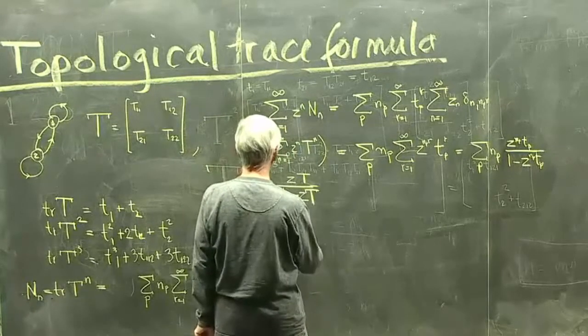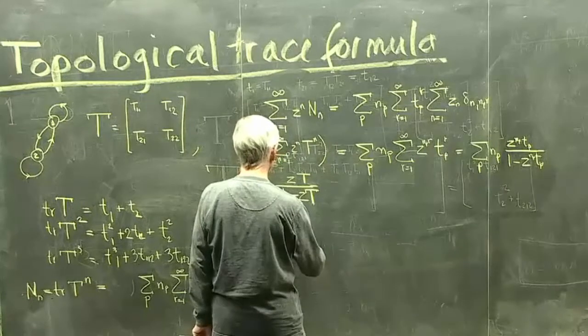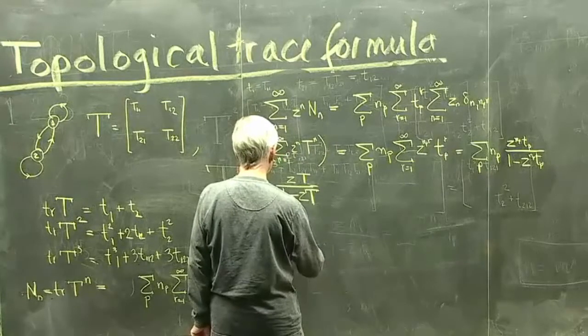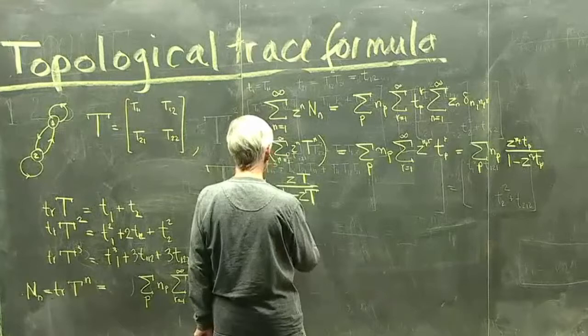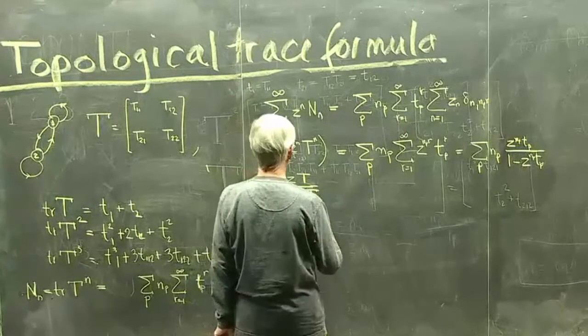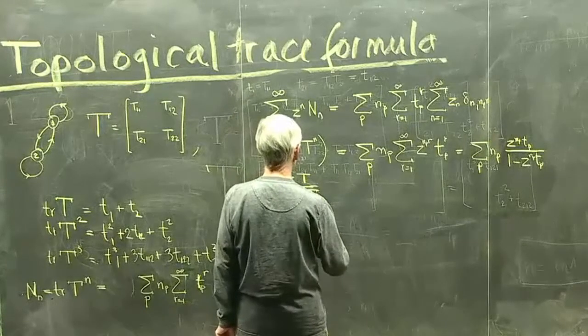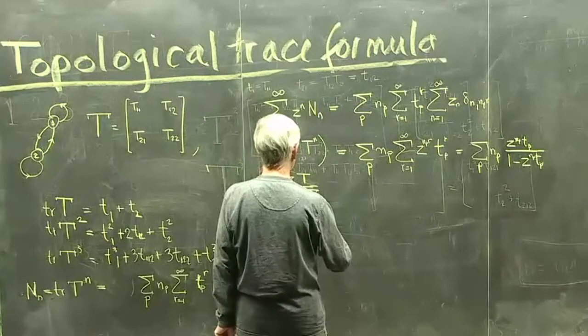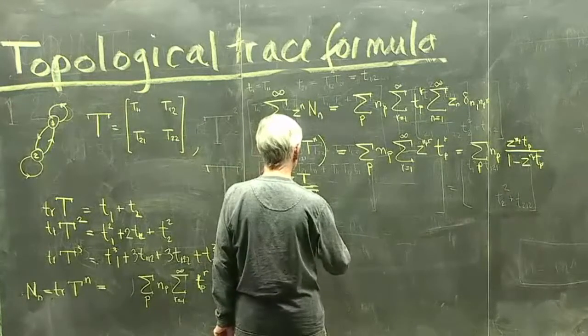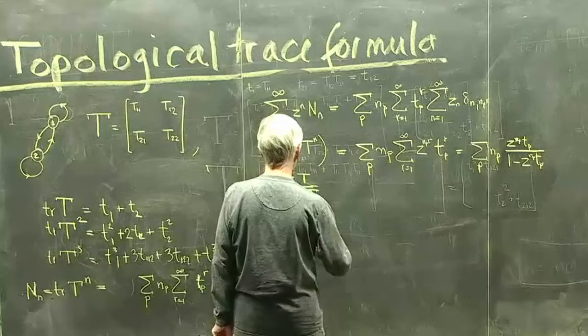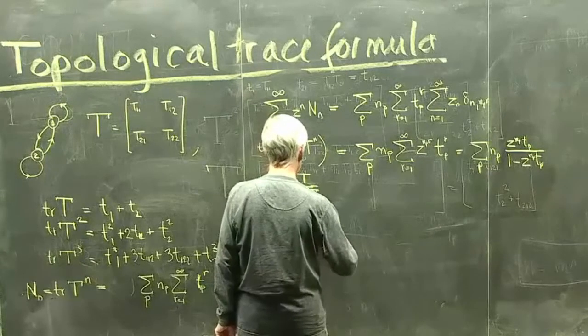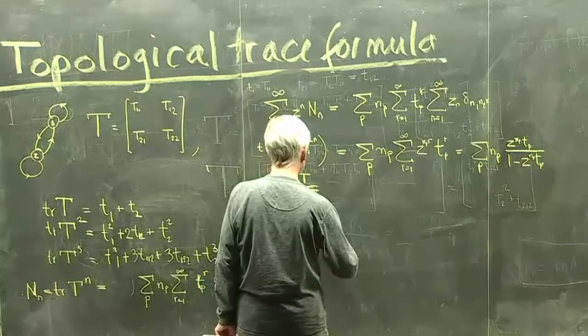So this is the same thing as the sum over the eigenvalues of the matrix, alpha goes from 0 to whatever the dimension is, of z lambda alpha over 1 minus z lambda alpha.